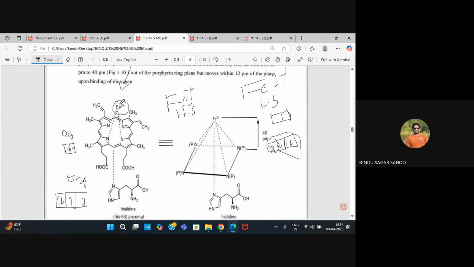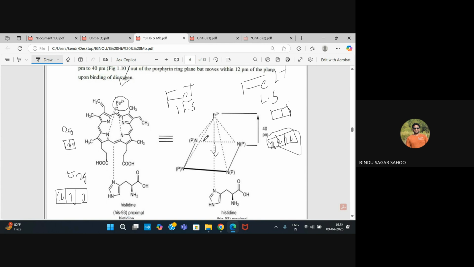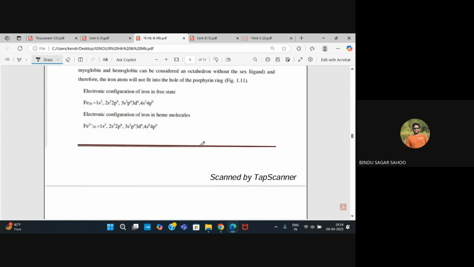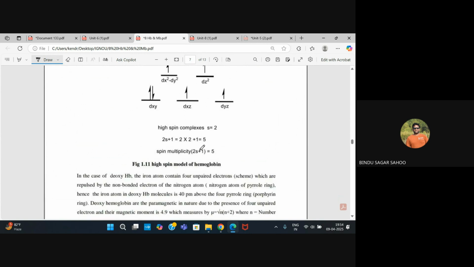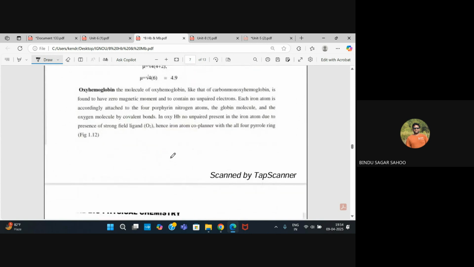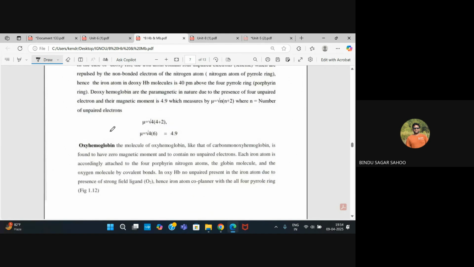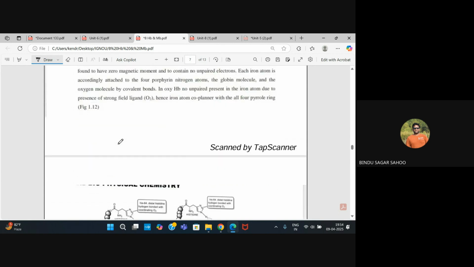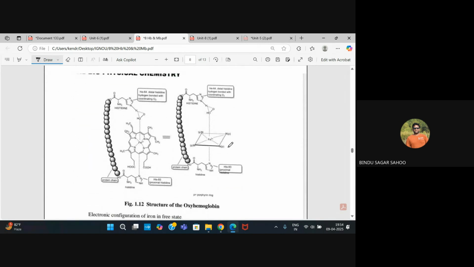It will get converted to Fe2+ low spin, and this Fe will move, or tilt, towards the plane of the cyclic ring. Okay, so when oxygen combines with the iron(II) metal, this condition is called oxyhemoglobin. So in oxyhemoglobin, the iron is Fe2+ low spin. When Fe2+ low spin occurs, here you can see the iron is shifted towards this plane.